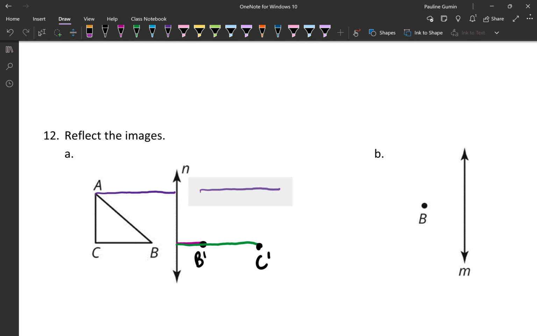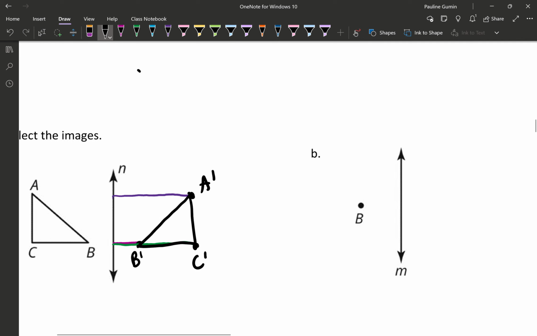There we go. That's about right. Oh no, it changed colors. Undo that change color. Yay, purple. Alright, this is A prime. And I'm going to connect the triangle as best as I can.